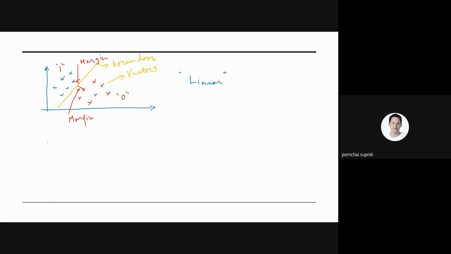On the other hand, if the boundary is not linear, but maybe looks like curves, some type of curves like these, and you don't need to draw all the points, I just draw some part as an illustration.